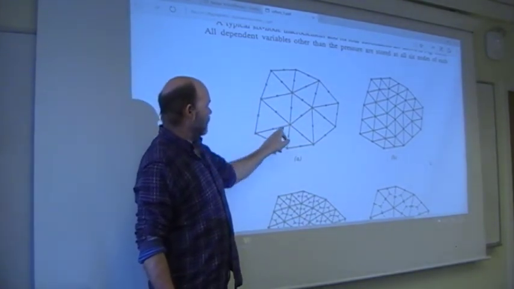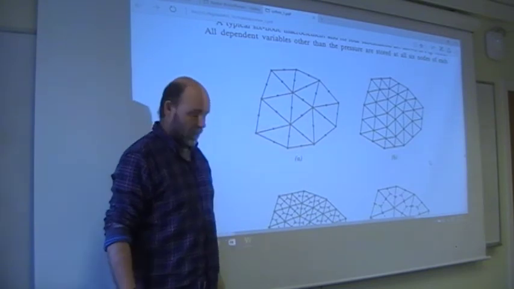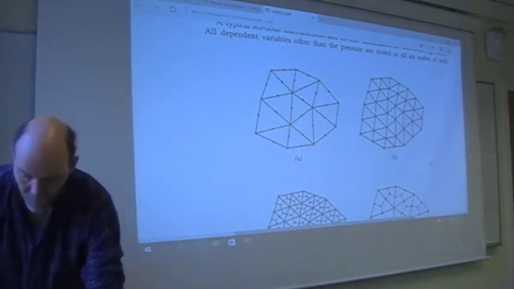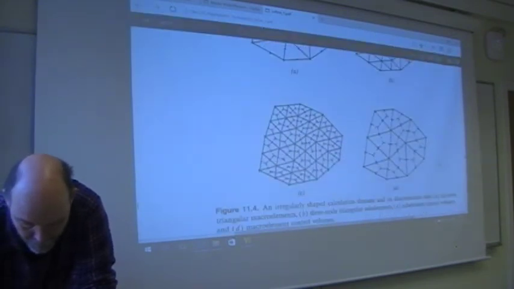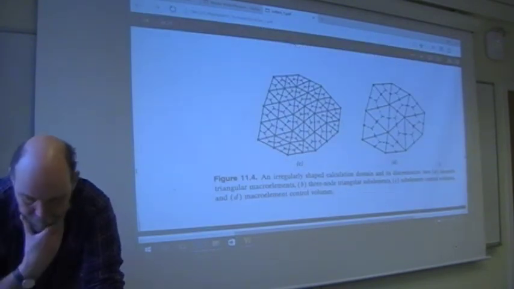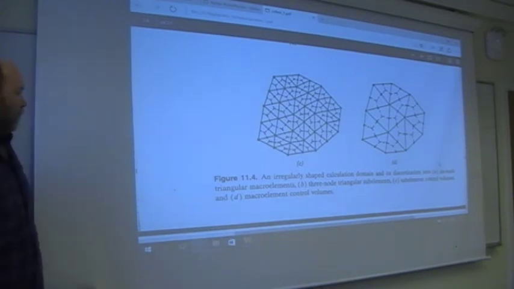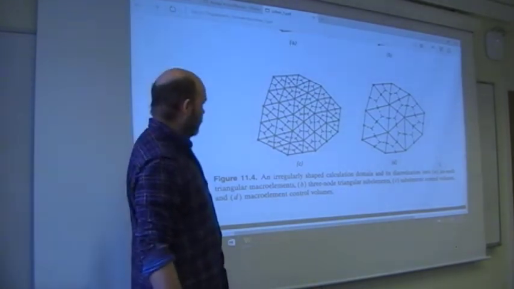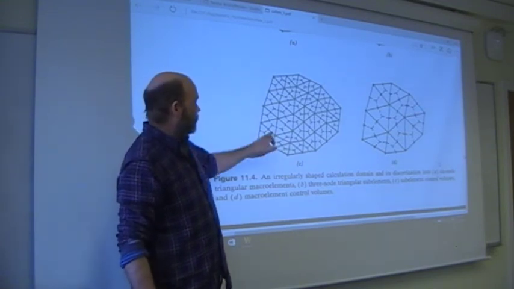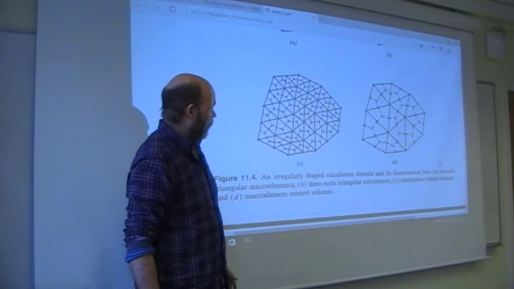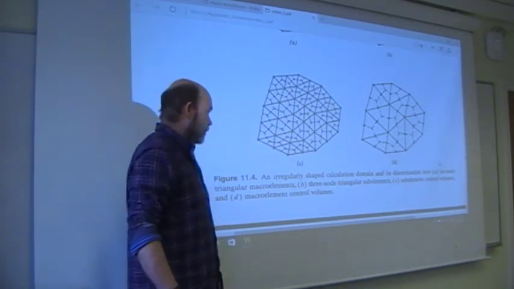The pressure only in the big ones. So that's one way to create a staggered mesh system, to couple the pressure and the velocities. Of course a little bit more bookkeeping. So now you are talking different control volumes for either pressure or the velocities.